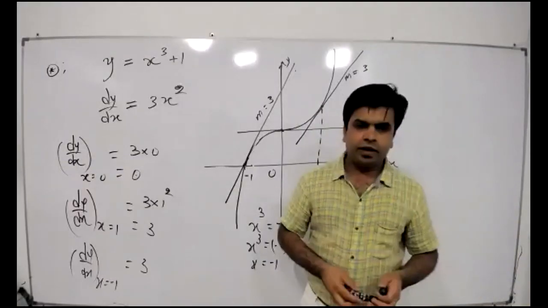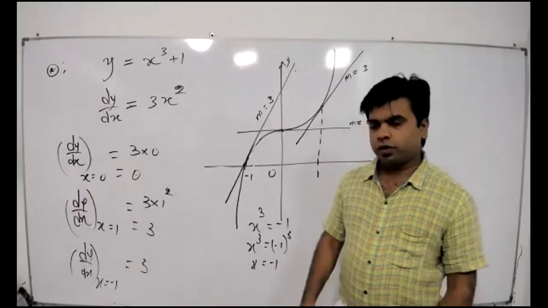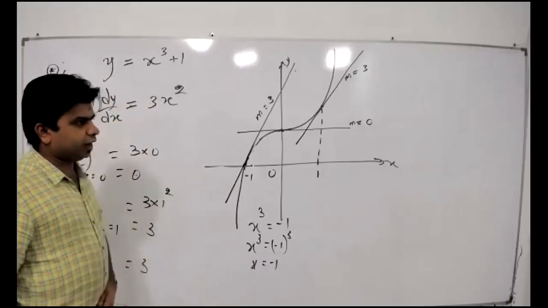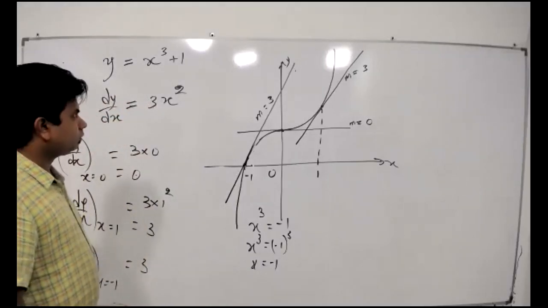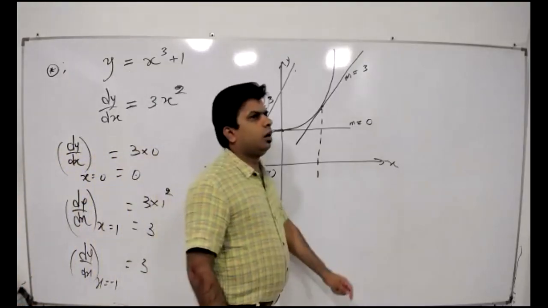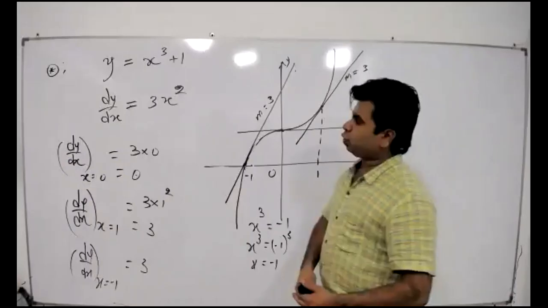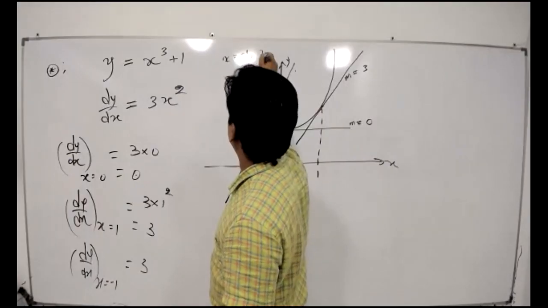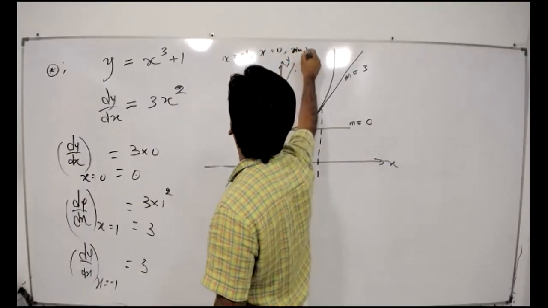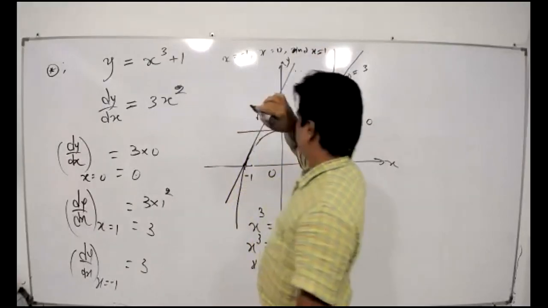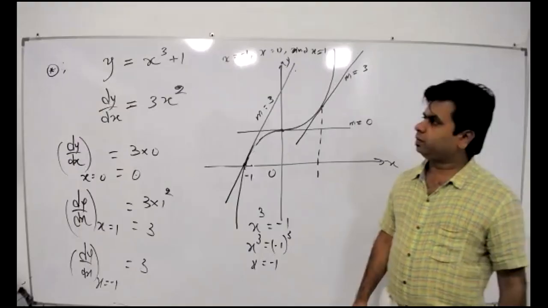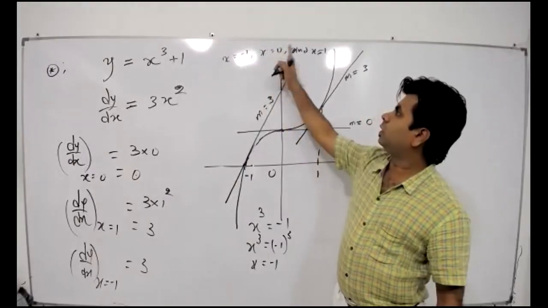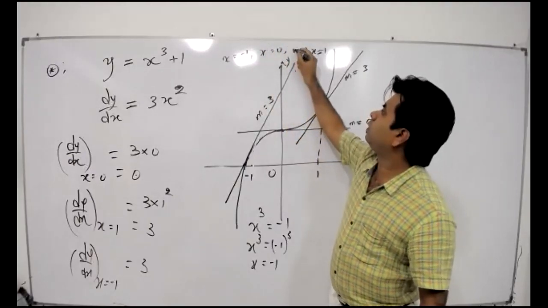Then write down: let us find the gradient of the tangent to the curve at x equals minus 1, x equals 0, and x equals 1.